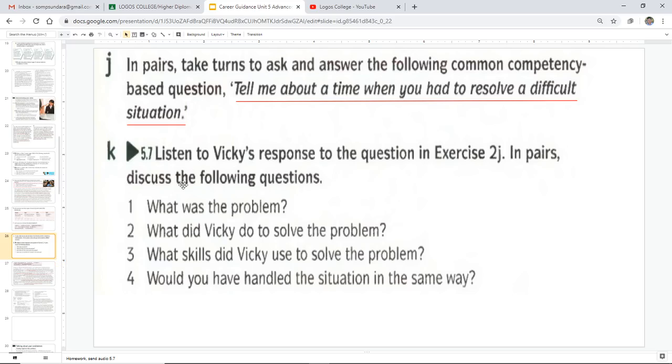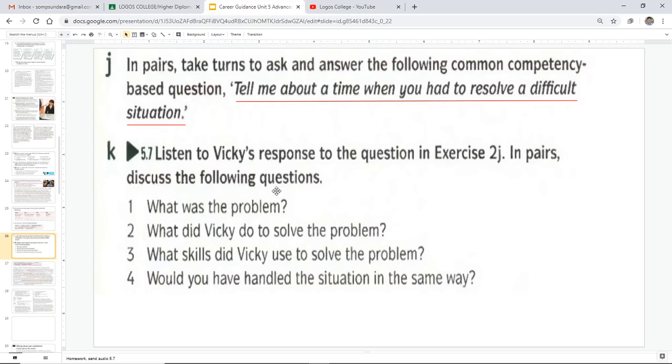Okay. Your homework last week: Vicky was asked another question, and it said, tell me about a time when you had to resolve a difficult situation. And these were the questions for your homework. It said, listen to Vicky's response to question exercise 2J in pairs.